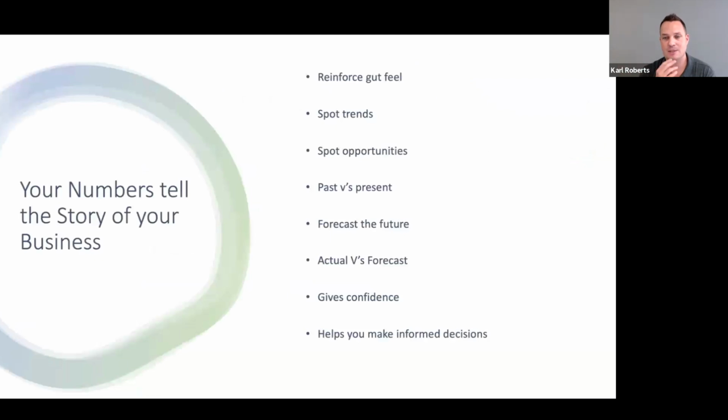So to round that up, your numbers tell the story of your business. A lot of businesses are run on gut feel and emotion. And when you can actually see that in black and white in number format, it reinforces that gut feel or tells you that your gut feel was completely wrong.